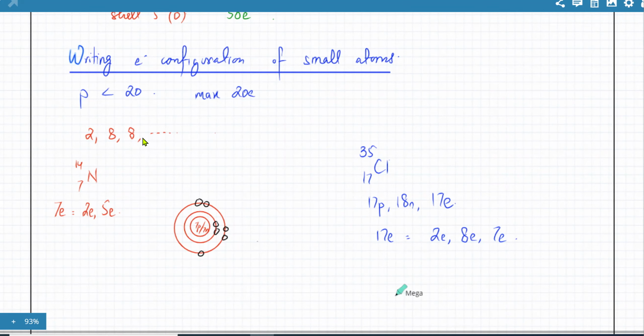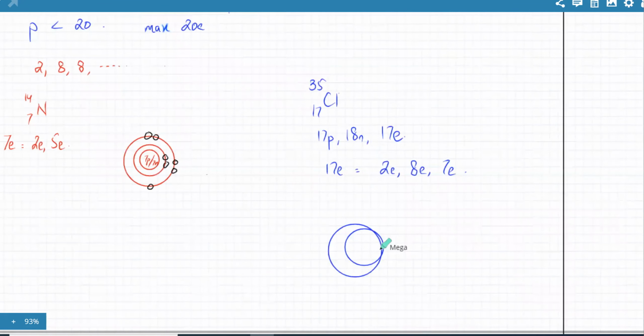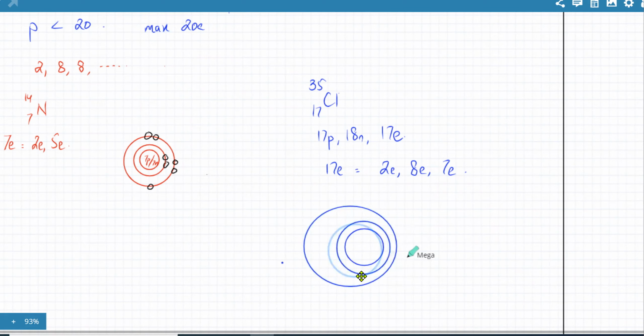So it's going to have 3 shells. So here are the 3 shells.